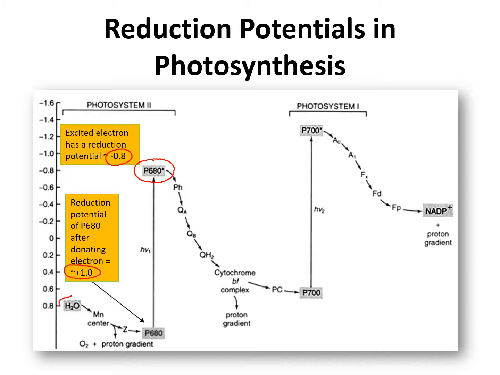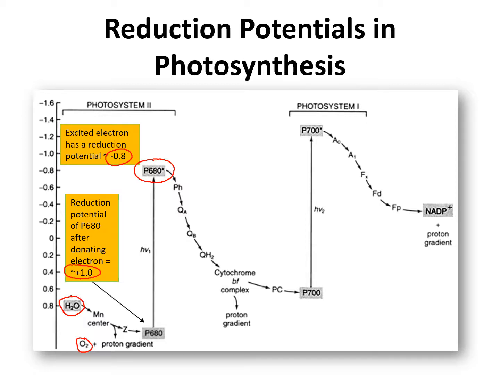Water and oxygen are two sides of that reduction reaction. If we were looking at oxygen being reduced to water, we'd be looking at a reduction potential of 0.8. So to pull an electron away from water, we need a reduction potential higher than 0.8.